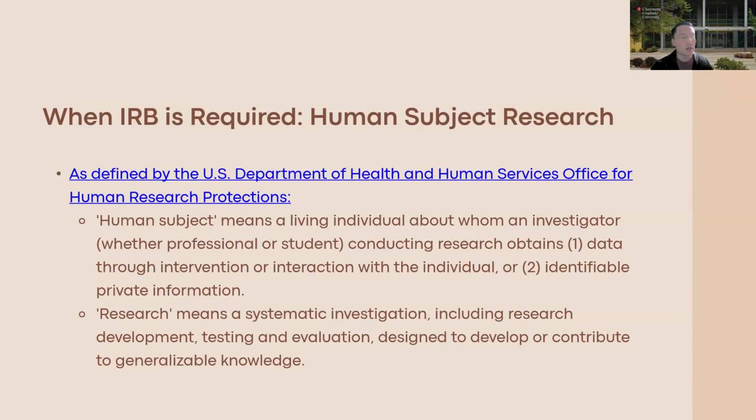Human subject means a living individual about whom an investigator, whether professional or student, conducting research obtains one, data through intervention or interaction with the individual, or two, identifiable private information. And so that is human subject.